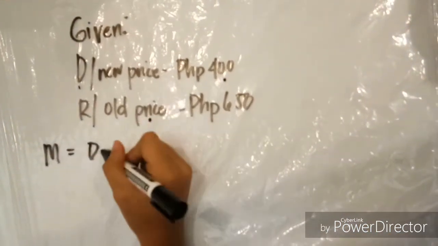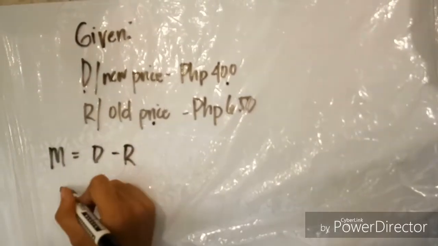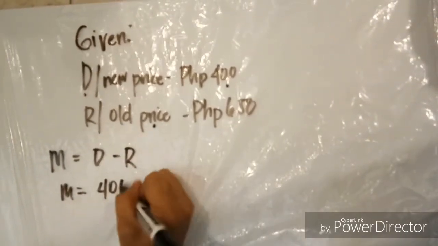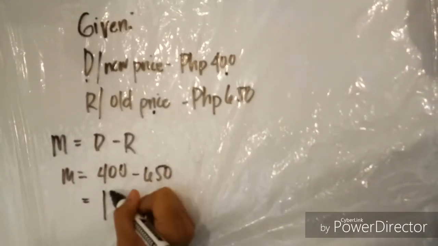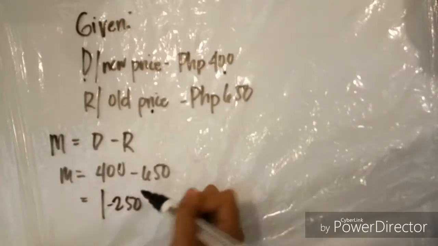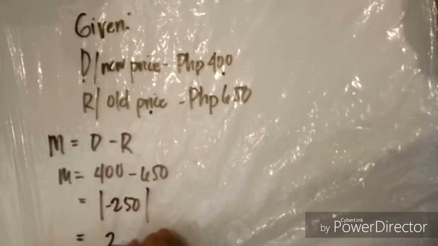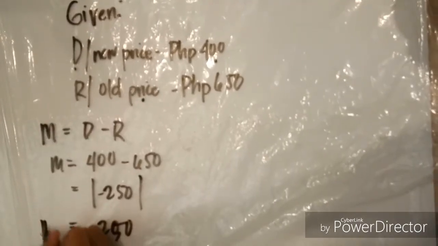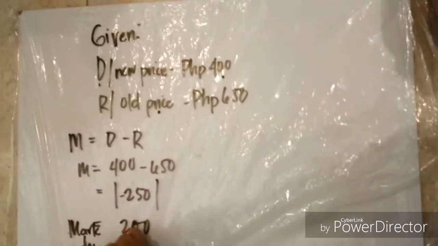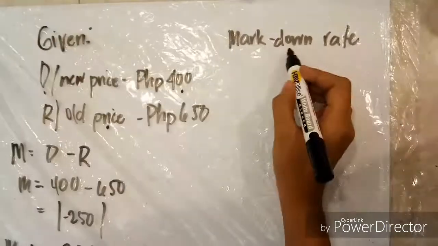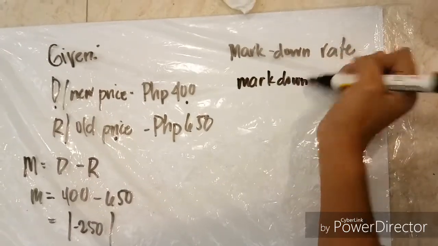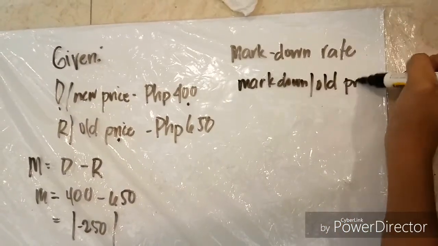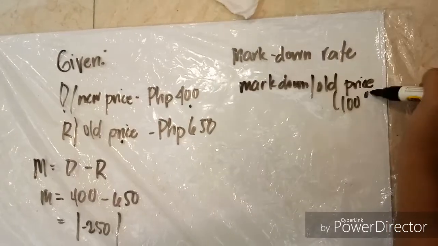So getting the markdown is equal to discount price minus retail price. So M is equal to 400 minus 650. We will be using the absolute value, which is 250. This is the markdown, 250. Getting the markdown rate: markdown over old price times 100%.